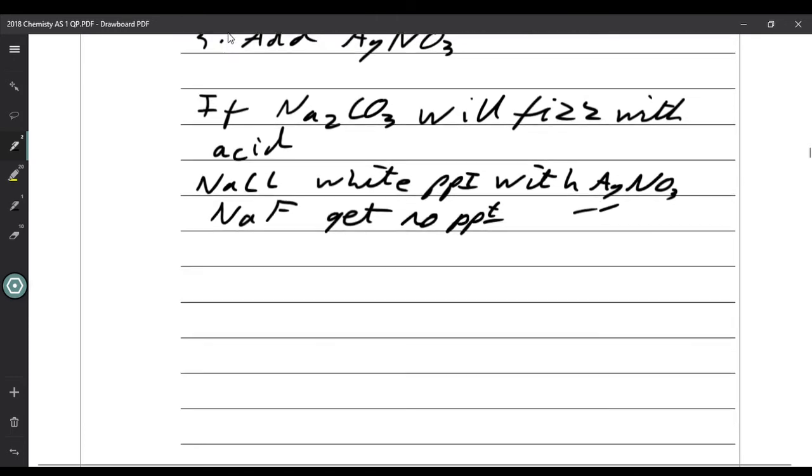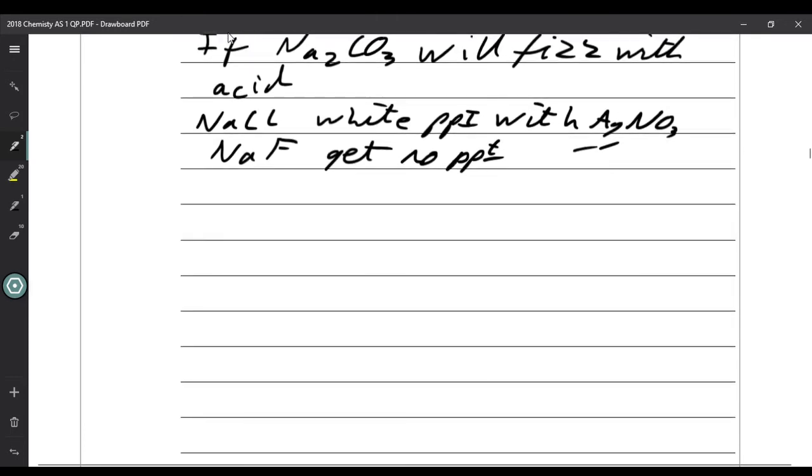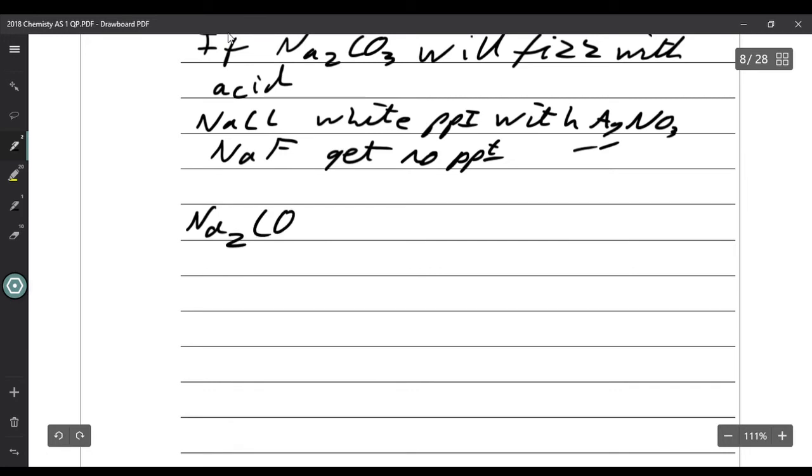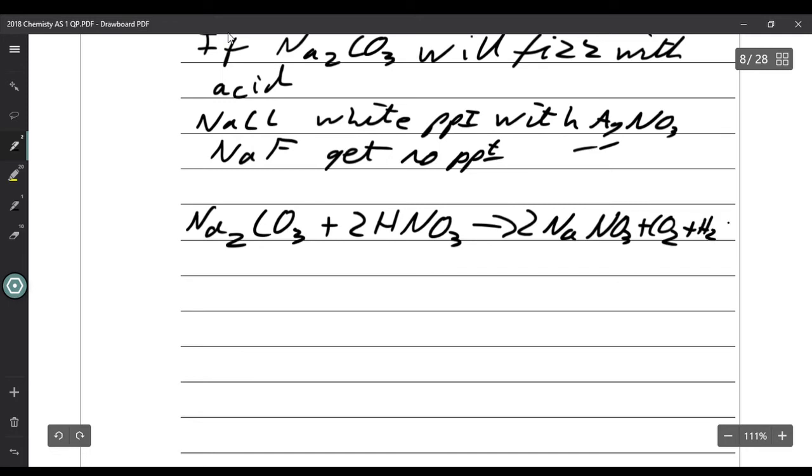So the equations of the reactions that we would get with those additions. For Na2CO3 plus 2HNO3, we get 2NaNO3 plus CO2 plus H2O.